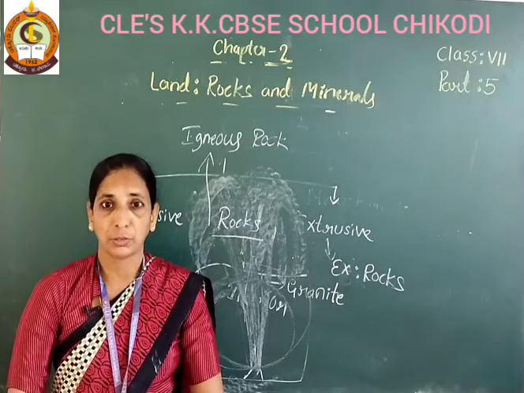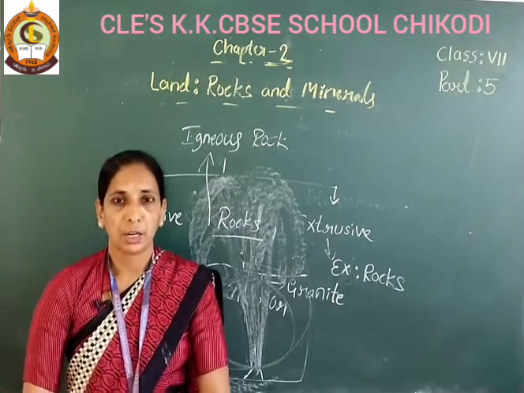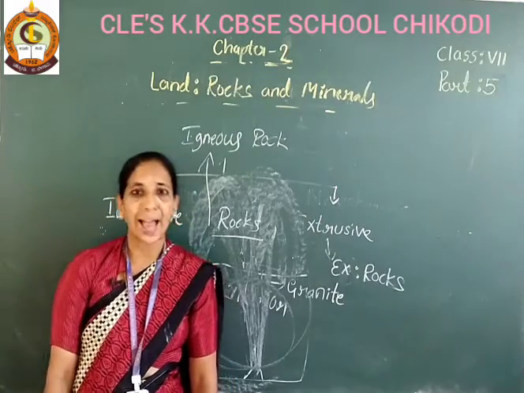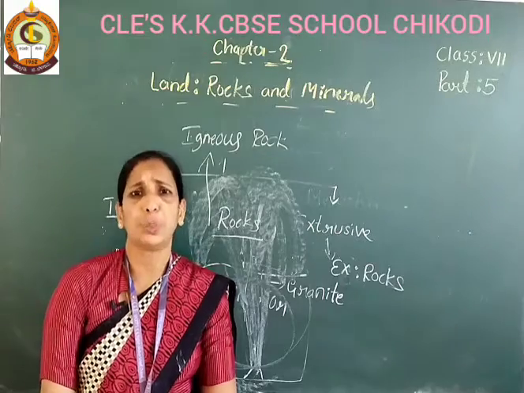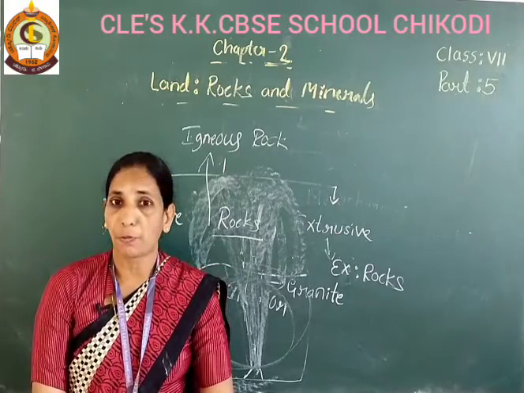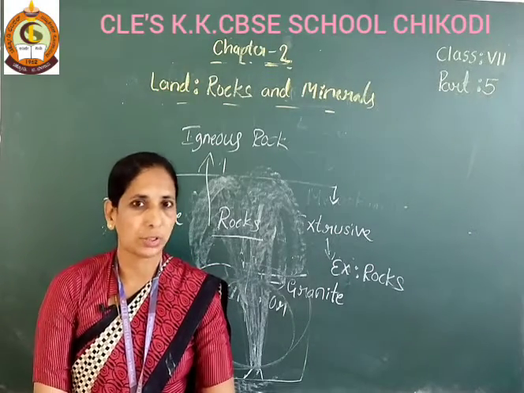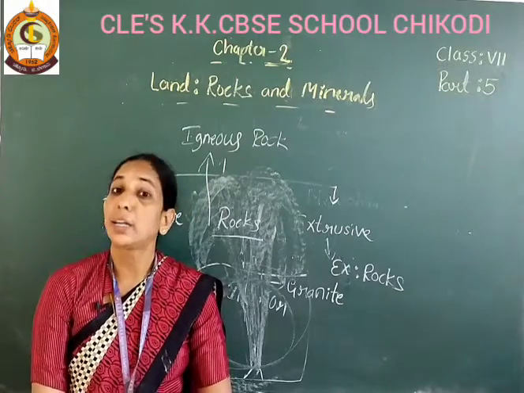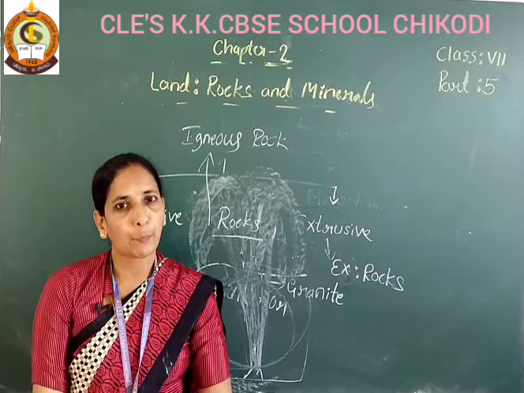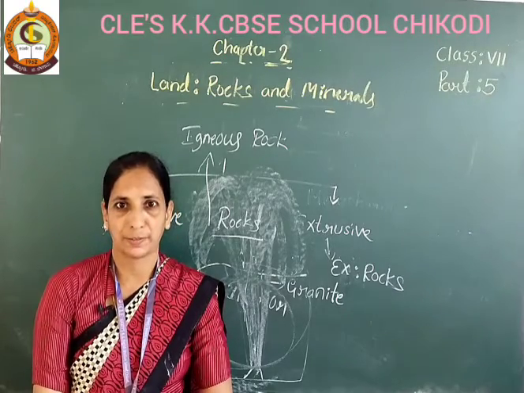We know the lithosphere. The lithosphere is the land. This land, or lithosphere, is made up of what? Rocks. It is also known as the crust. The crust is made up of rocks.